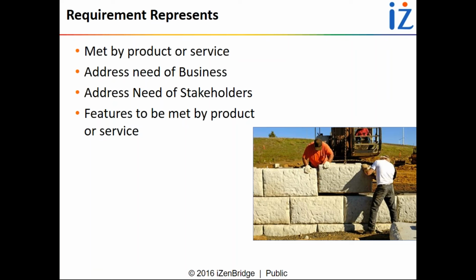You may decide that you are going to capture the customer purchasing pattern. So this is the business requirement, and it is a certain capability which the business is looking for in your product. So it represents the need of the business.